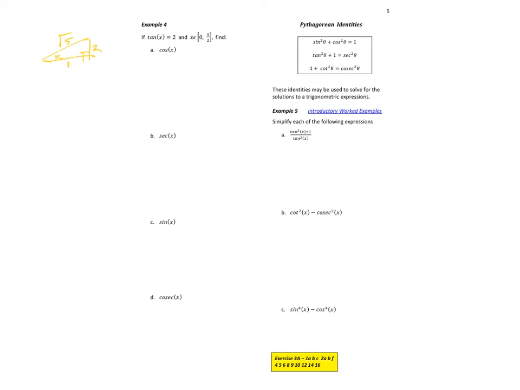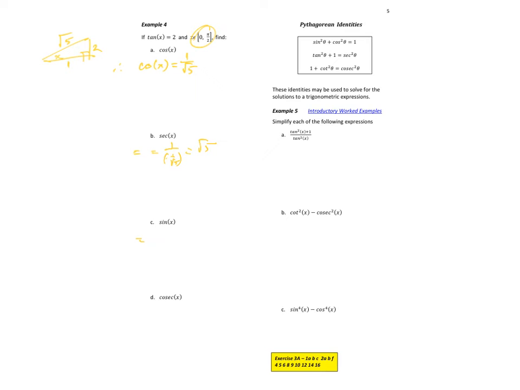All right, so now cos x, keeping track of the quadrant, everything's in the first quadrant. So cos x is equal to adjacent over hypotenuse. Sec x is equal to 1 over cos x, 1 over 1 on root 5, which is equal to root 5.